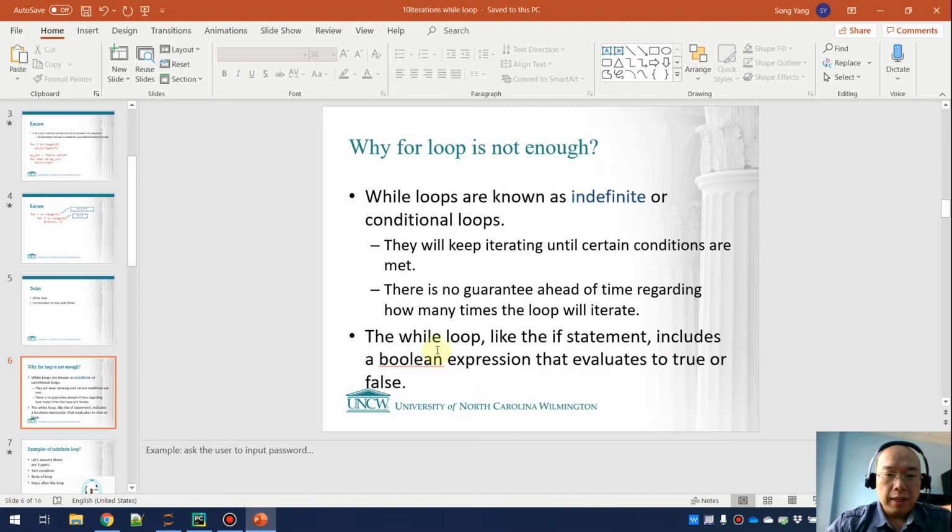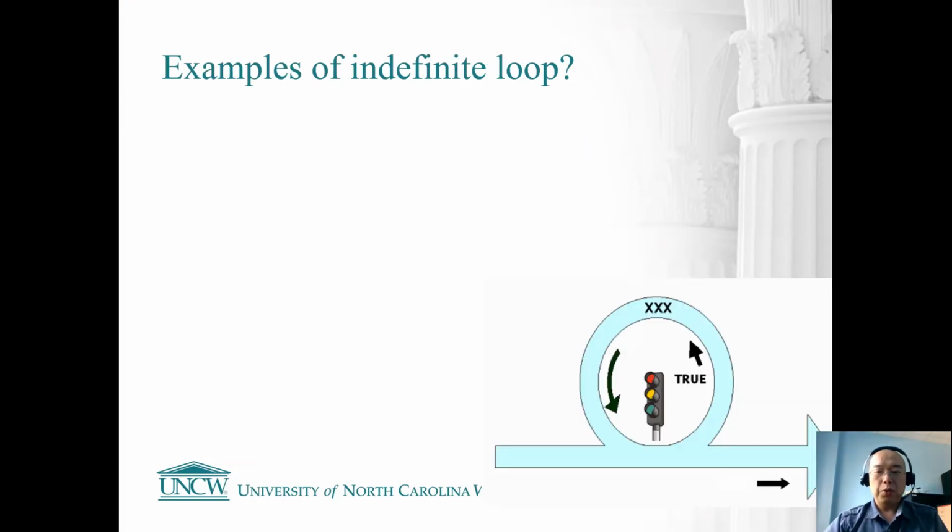Okay, and then for the while loop, it is something different, and I'm going to show you this example. Suppose that we have a car, and then we come to a really weird traffic intersection, and the rule is, see this traffic signal, if it is green, we can go forward. Otherwise, we have to go through the loop once before we can check the traffic signal again. So if it is green, we go.